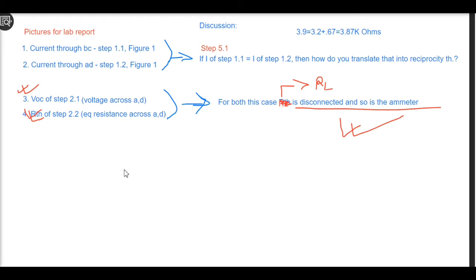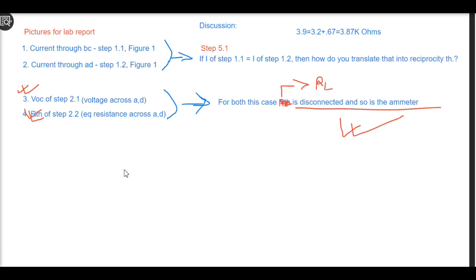You have to find VOC and RTH by calculation as well. The values you take with the multimeter go in as the measured reading, and then you calculate VOC and RTH by hand.